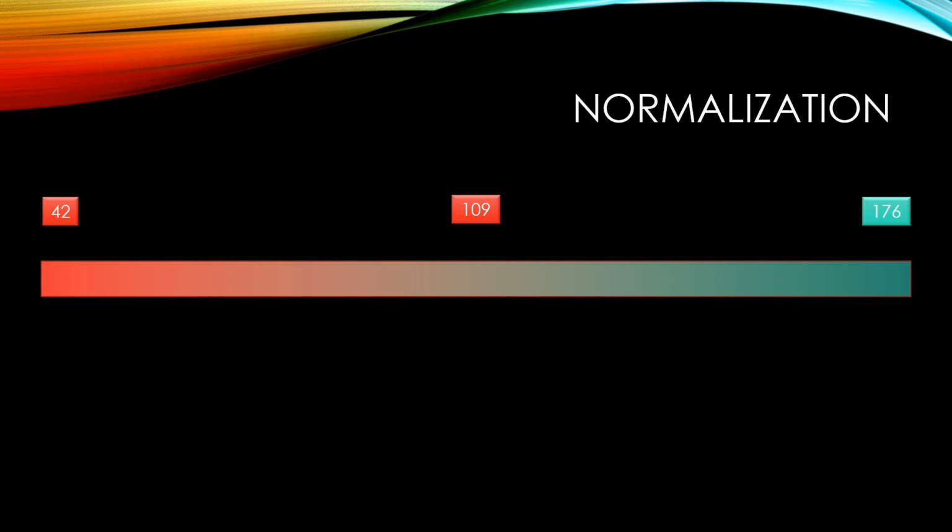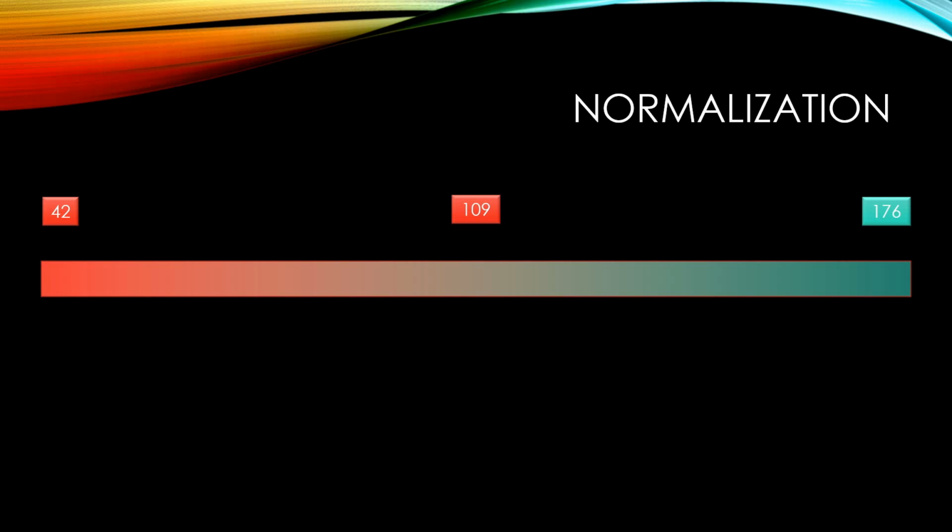So let's take a look at an example. Here I have a range of integers starting at 42 and ending at 176. If you do some simple math, you can figure out that the value directly between these two numbers is 109. We can do that by adding 42 and 176 and dividing by 2.